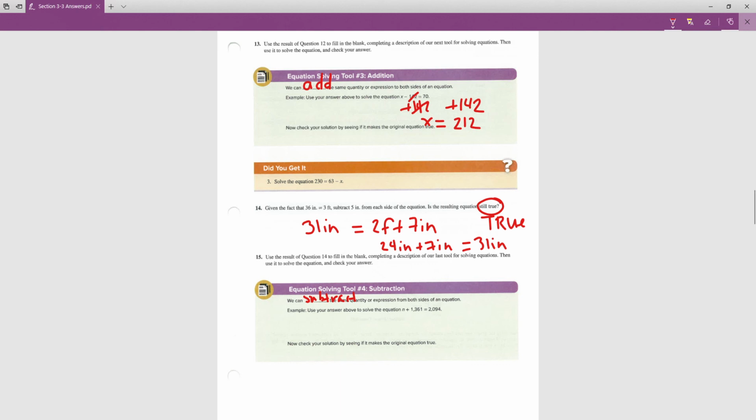So we're going to solve n plus 1,361 is equal to 2,094. How do we solve that? Well, we have n plus 1,361, so we can subtract 1,361 from both sides. On the left side, we have a positive 1,361, so minus 1,361 leaves us with just n.